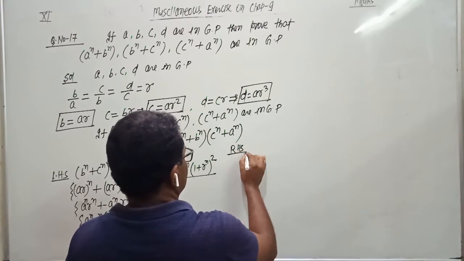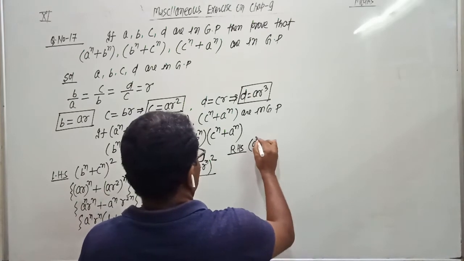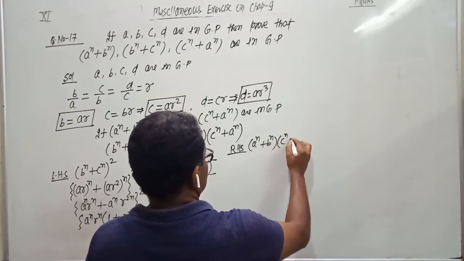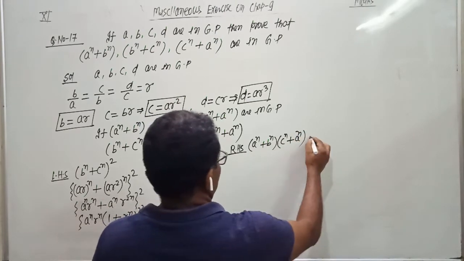Now solve the RHS. So RHS is A raised to the power n plus B raised to the power n multiplied by C raised to the power n plus D raised to the power n.